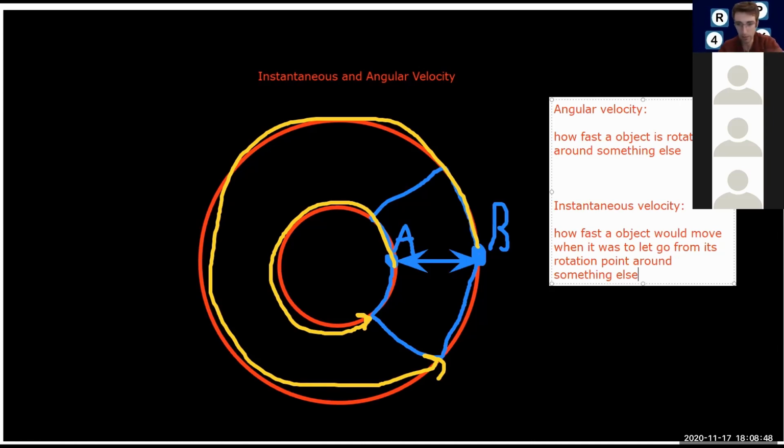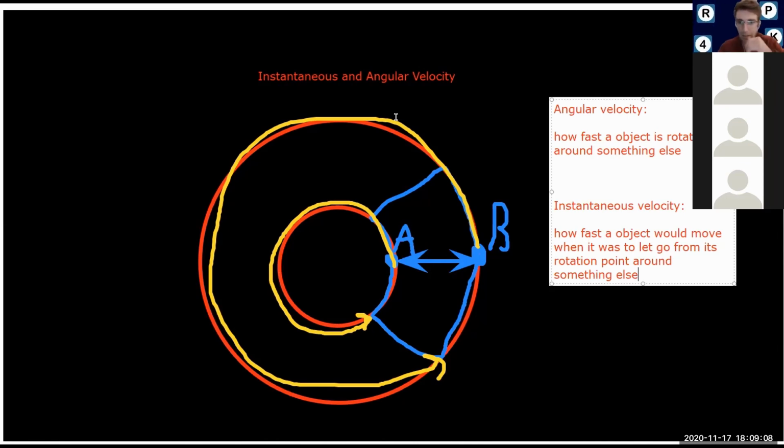The sling is the same distance apart from your hand regardless of how fast your hand rotates. But as soon as you let go and fling that rock towards the enemy, it's going to have a greater instantaneous velocity than what your wrist can even possibly do to rotate that.